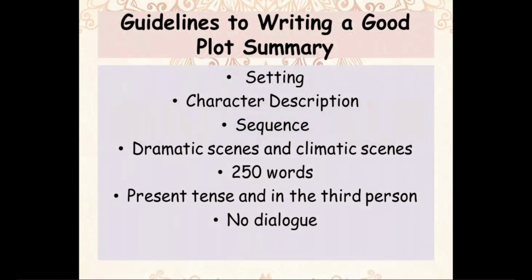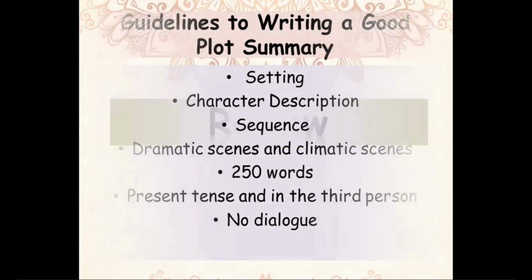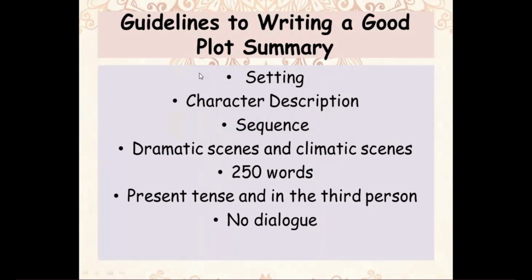Remember that the first step is to write the setting of the story, or the time and place where the story happened. There must be a character description in the story. Then there must be a sequence of events, or the plot, in order. Next, dramatic scenes and climactic scenes must be included in the story.